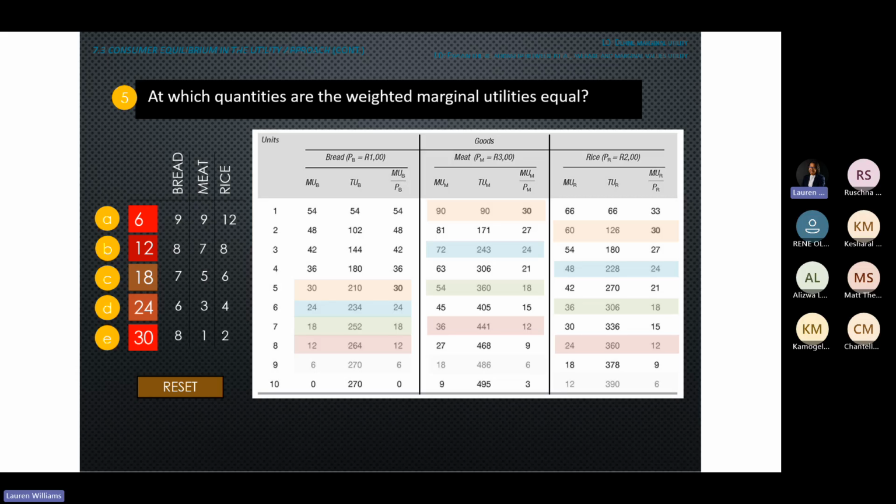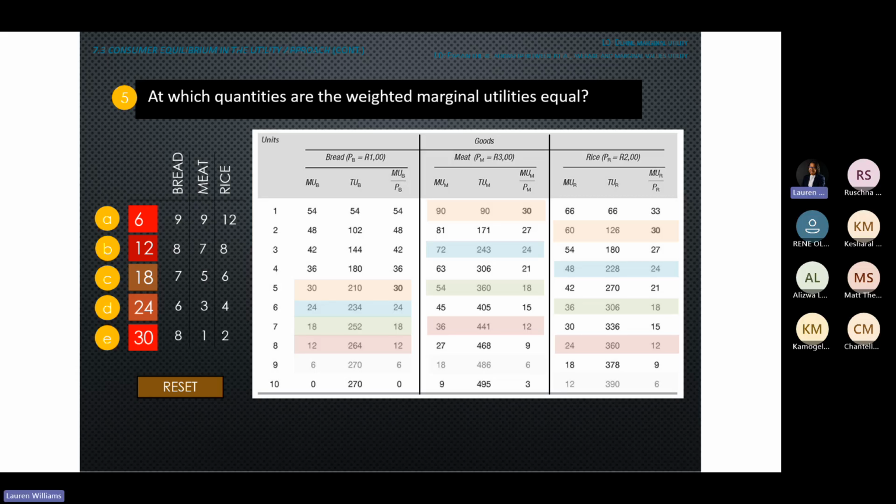That's 7 units of bread, 5 units of meat, and 6 units of rice. Again, she's outside of her budget. There's a 24 as well. That's 6 units of bread, 3 units of meat, and 4 units of rice.